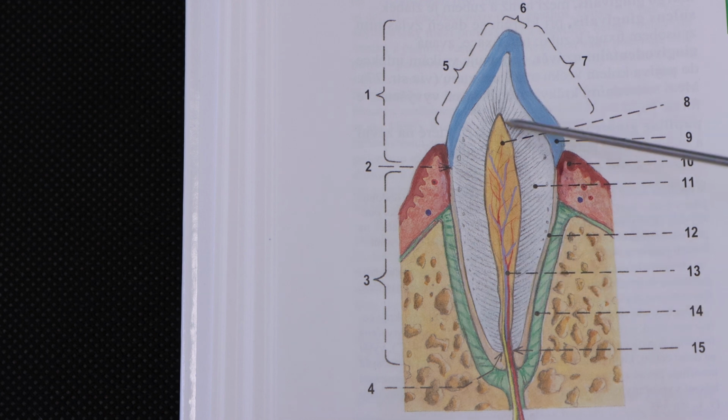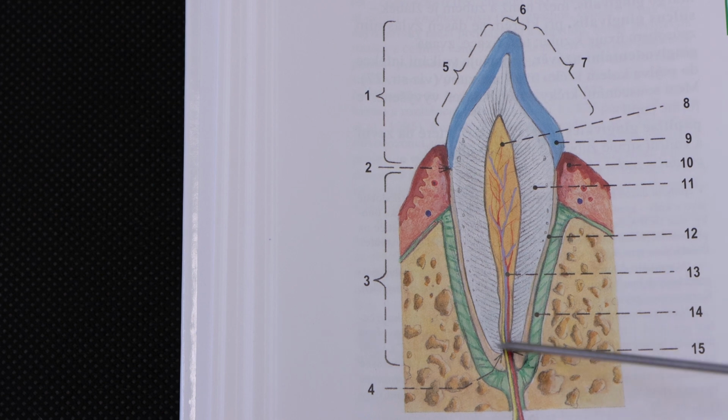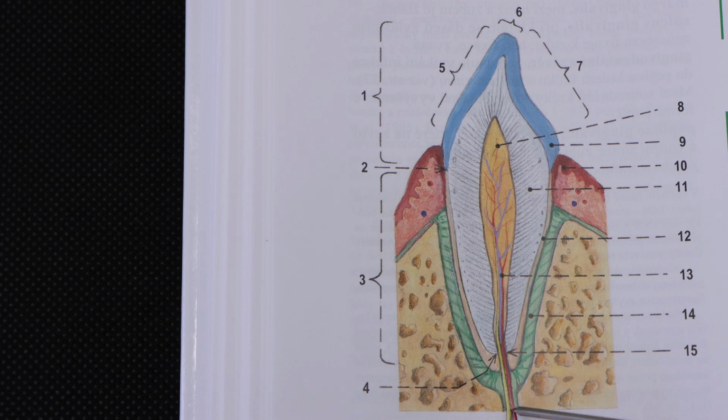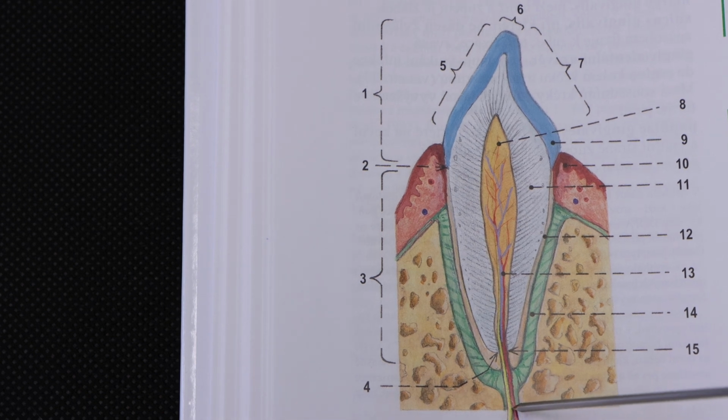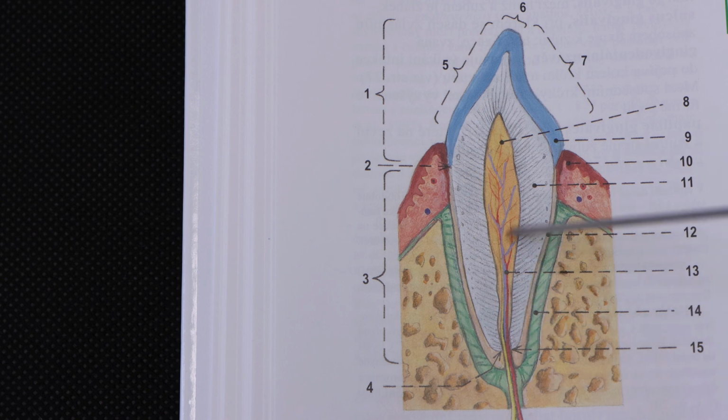Inside the tooth there is a cavity which is called the dental cavity, which is composed of the dental pulp or pulp chamber, which continues as a root canal, and it ends at the apical foramen. The apical foramen is the place where the vessels and nerves pass inside and outside of the pulp chamber and root canal.